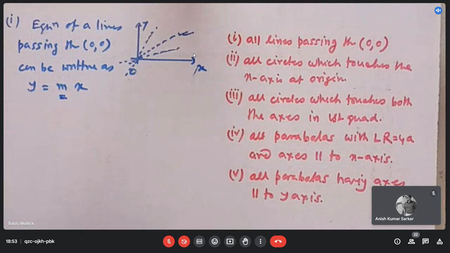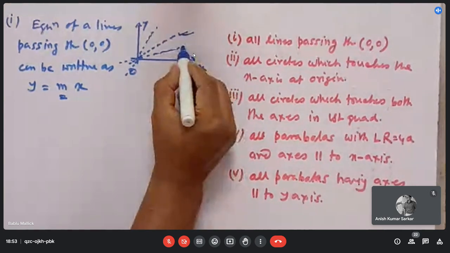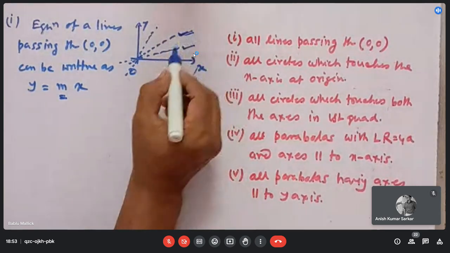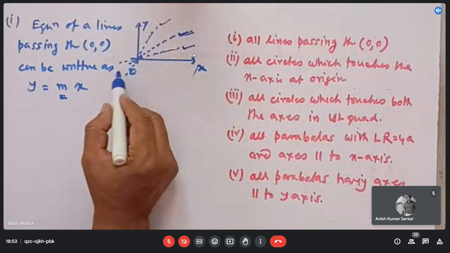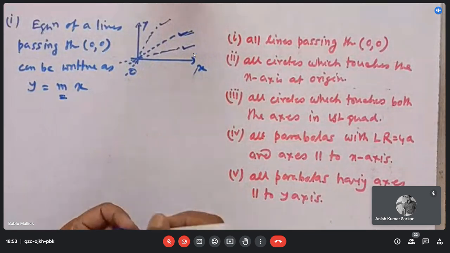And this slope is the parameter. The slope of this line and this line are different. So when the slope is different, the line will be different.